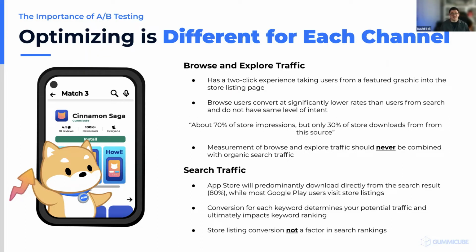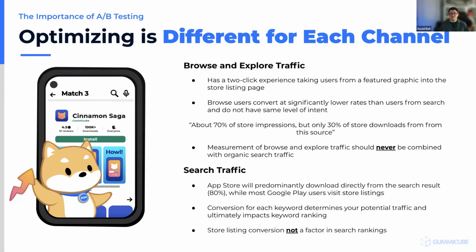Browse-based traffic inside the store typically has a two-click experience where they're looking at different features in the store. They click a banner for your app and they land on your store listing. There is less intent within browse traffic than there is search traffic. So behaviorally, it's different. About 70% of store impressions today are generated from people who are just browsing the store, but only 30% of downloads.